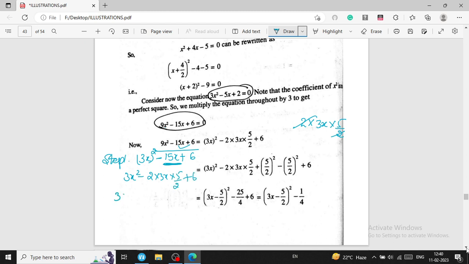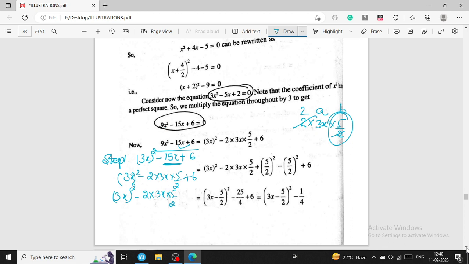Now (3x) whole square minus 2 multiply 3x multiply 5 by 2. Now you have to add this number; this is known as 2ab.